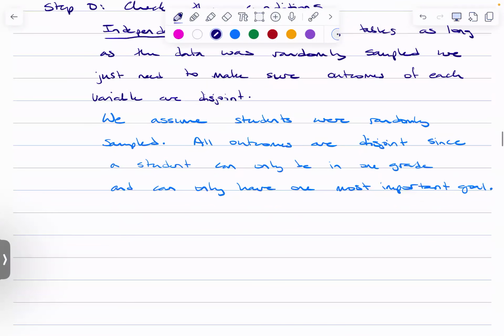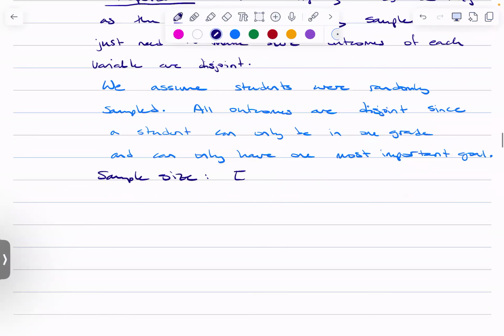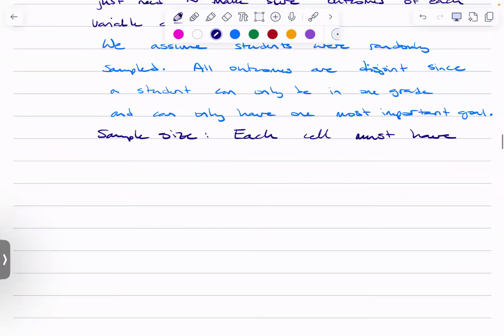Now we need our sample size condition checked, which says that each cell has to have an expected count of at least 5. So each cell, bless you, must have an expected count of at least 5.